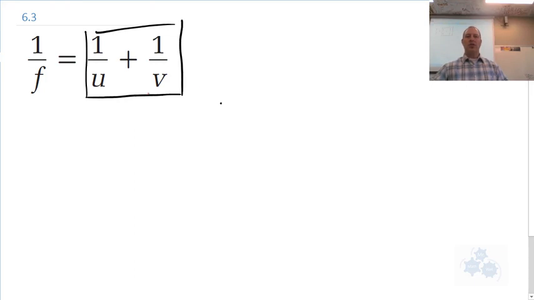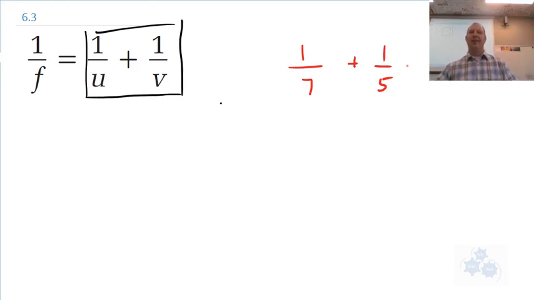All right, so if we're not sure how to do that, let's think of what we would do if we had 1 over 7 plus 1 over 5. Who remembers how we add fractions? What do you have to have before you can add two fractions together? What's the first step? Just shout it out. Common denominator.